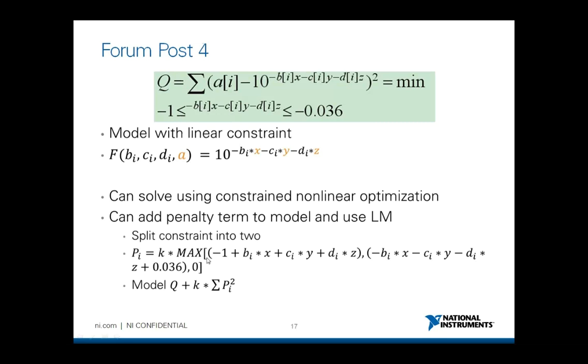So basically, if the constraint is under 0, I don't care about it. It means I'm actually okay. The constraint is satisfied. So I don't want to penalize myself for being far over, well in the feasible region. So I'm going to take this max function, multiply it by some constant, and add that to my original Q. And that's the way I'm going to model it.